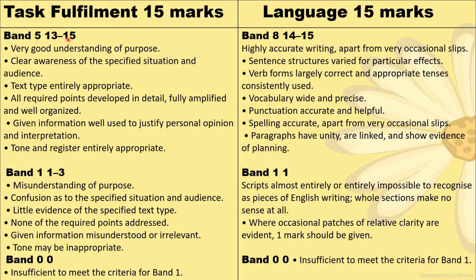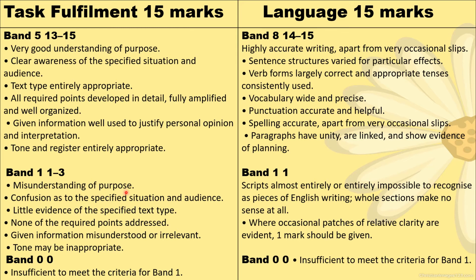Now, on the other hand, band 1. I've skipped band 4, band 3, band 2, and I've come to band 1. This is the script for task fulfillment where the candidate will get only 1 to 3 marks. It is where a misunderstanding of purpose is shown.